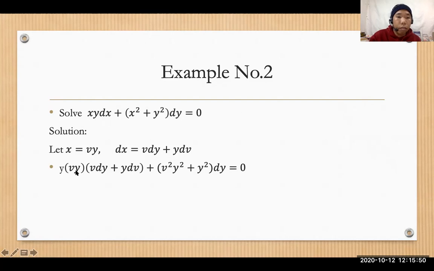simplify first. So here, y times vy is actually v times y squared. Then you copy this part of the term, and you have y squared here, and y squared also here.